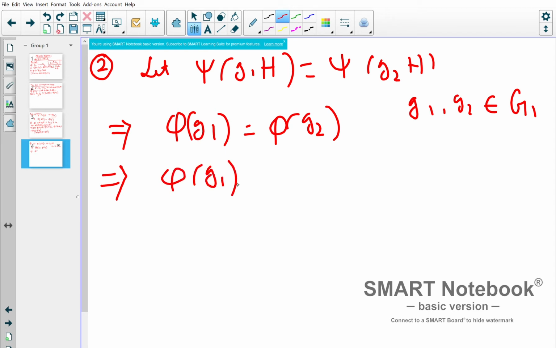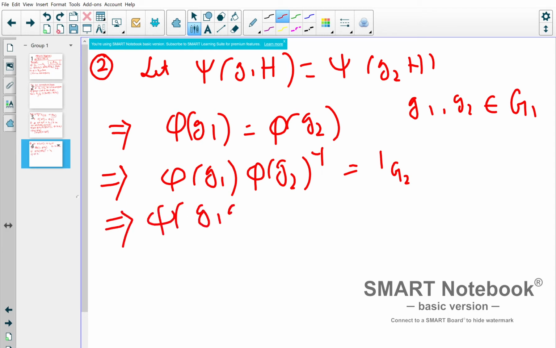You choose the inverse, and it becomes phi of G2 whole inverse, which equals the identity of G2. Clear? But what does that mean? That means this is phi of G1 G2 inverse. This is a property of the homomorphism, which is nothing but the identity. Clear?